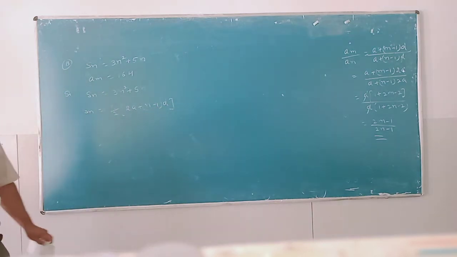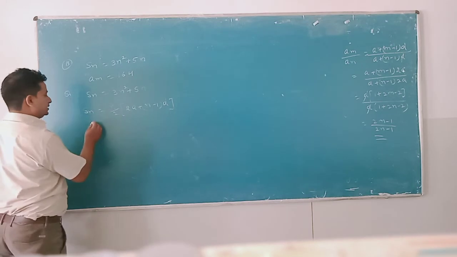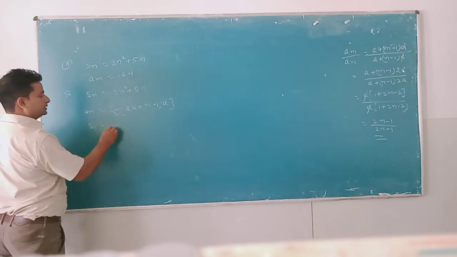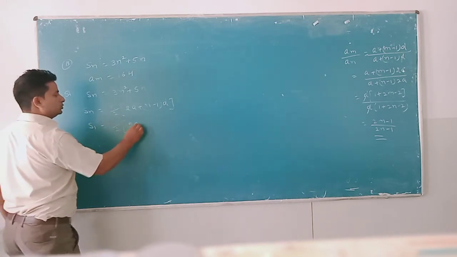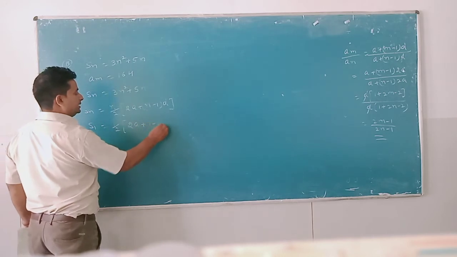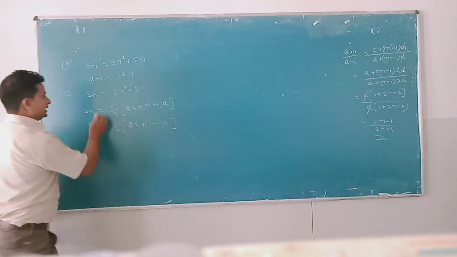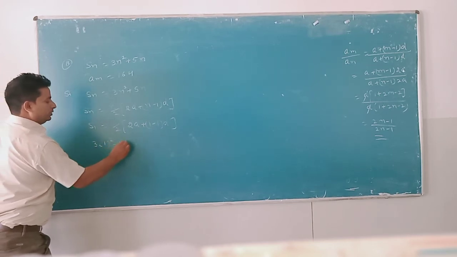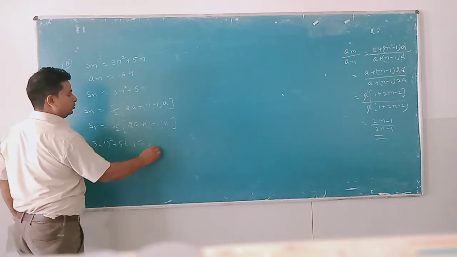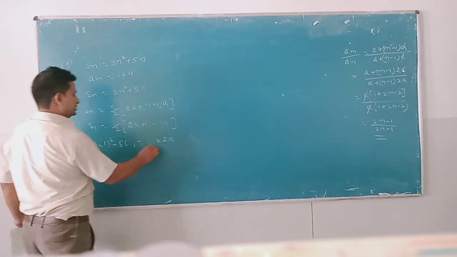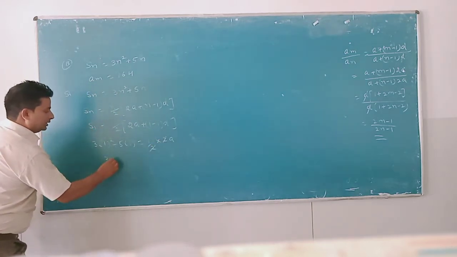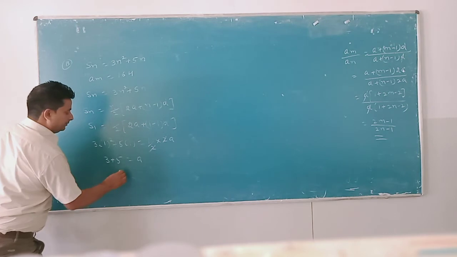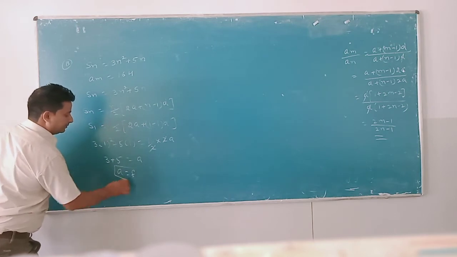For solving this question, first we put n equal to 1 here. So this is 1 upon 2 into 2a plus 1-1 into d. S1: when we put 1 in the formula, it is 3 into 1 plus 5 into 1, and 1 upon 2 into 2a, the 2 cancels out. So 3 plus 5 equals a, so a is 8.